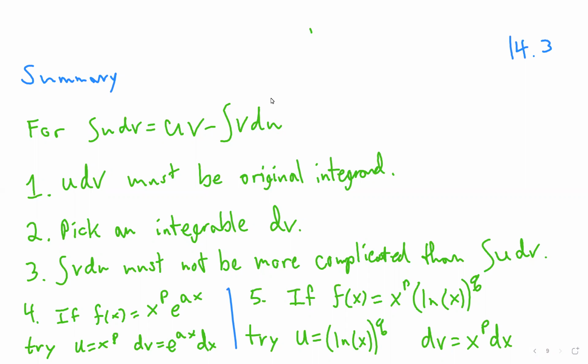You can try u equals the quantity ln of x to the qth power, and set your dv equal to x to the p dx, which is the remainder there. And so this would be the process that you'd go through for this form. And again, you'd end up with some stuff that you would need to work out. But this is an interesting result in and of itself to look at and work with.